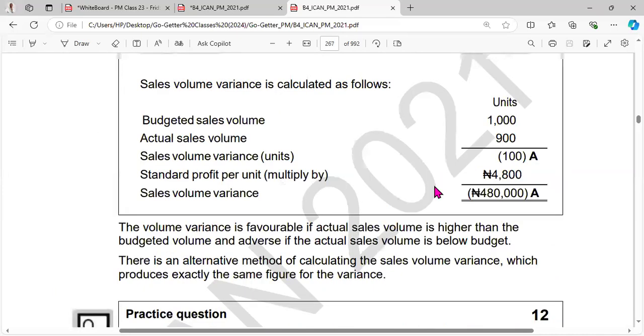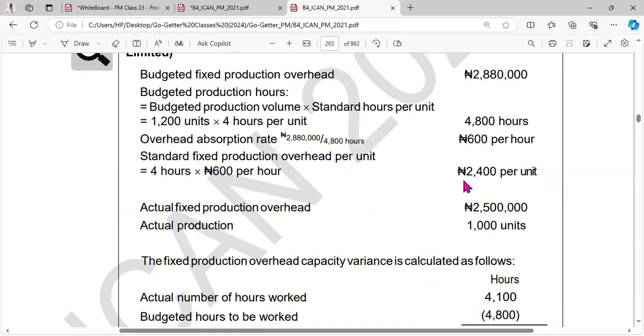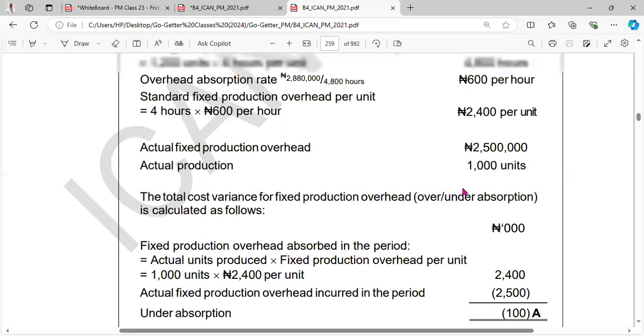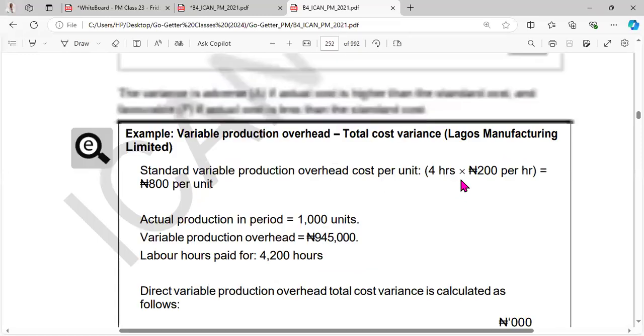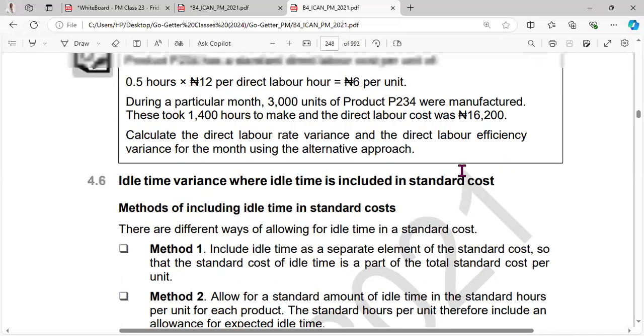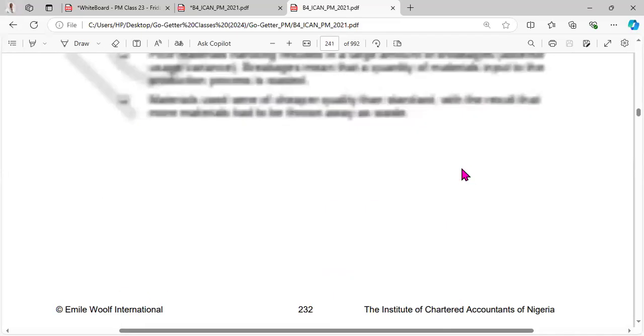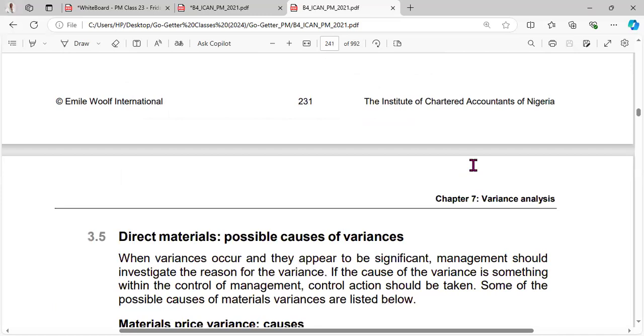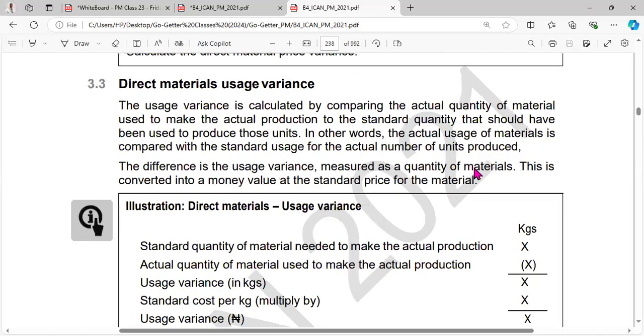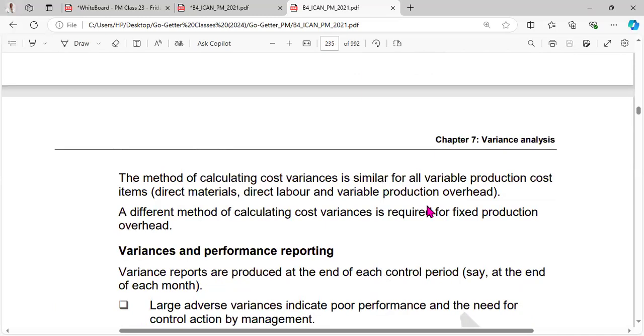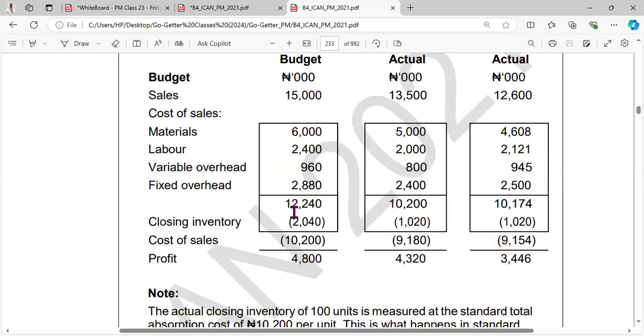To go further up. We have come a long way in this variance, so we need to go further up so that we refresh our memory on where this figure is coming from. You see your cost of sales here in the budget.